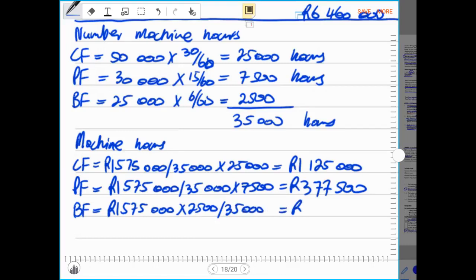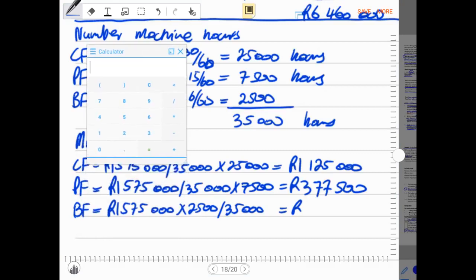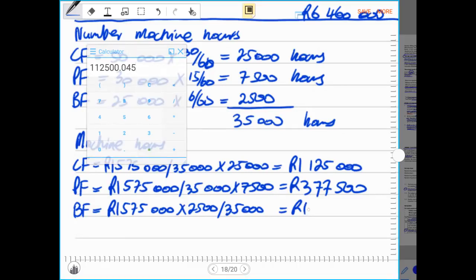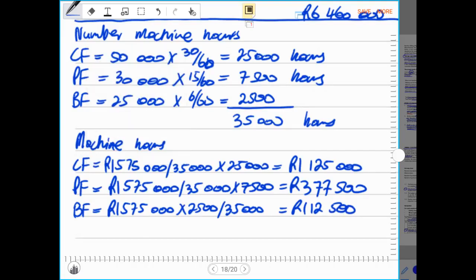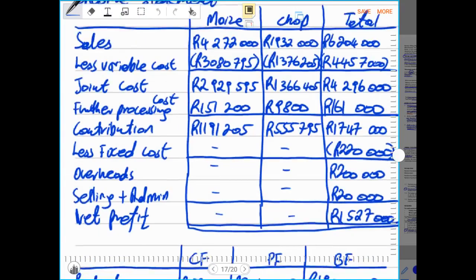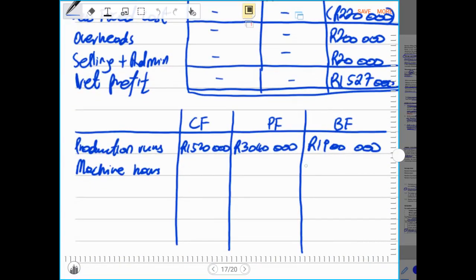I'm changing the calculations up and down because at the end of the day we're doing the same thing. 2,500 divided by 35,000 times 1,575,000, which gives me 112,500. So it's 112,500.